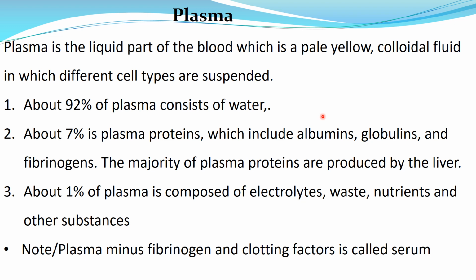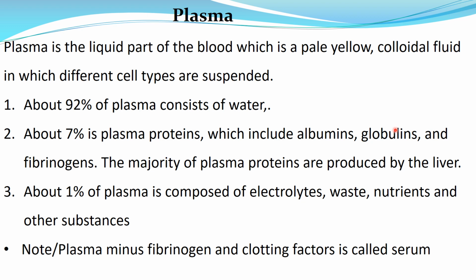Also, albumin has other functions. It can act as a carrier protein within the circulatory system. And then we have the globulins. The globulins also have different roles. Mainly they are involved with the immune system.